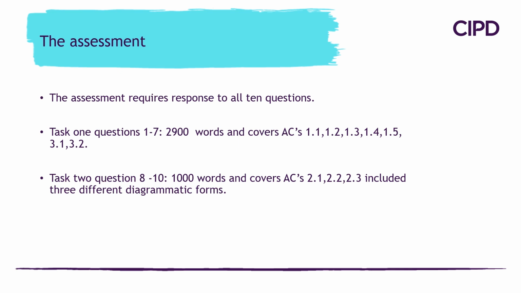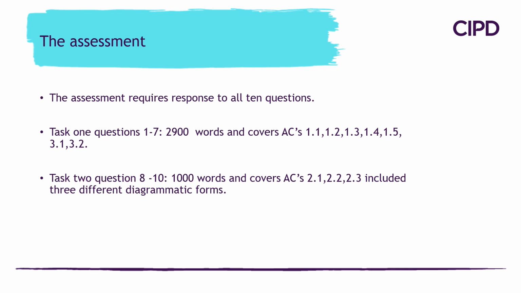Task 1 questions, which covers questions 1 to 7, has an allocated word count of 2,900 and covers ACs 1.1, 1.2, 1.3, 1.4, 1.5, 3.1 and 3.2.